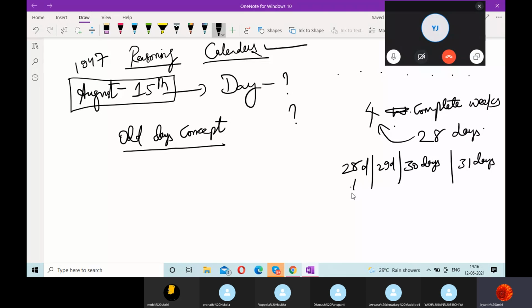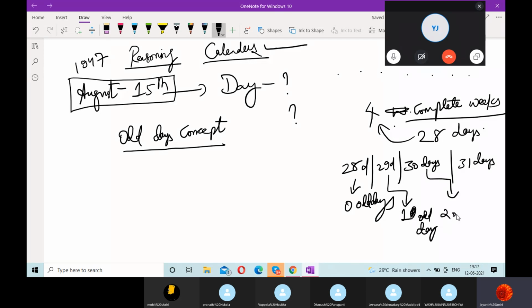So here I would say there are 0 odd days because all 28 days make complete weeks. Whatever is beyond the complete week. Suppose I say 29 days, 28 days make 4 weeks. So how many odd days would there be? 1 odd day. What about 30 days? How many odd days? Please tell me, all of you. 2 odd days. And here 3 odd days.